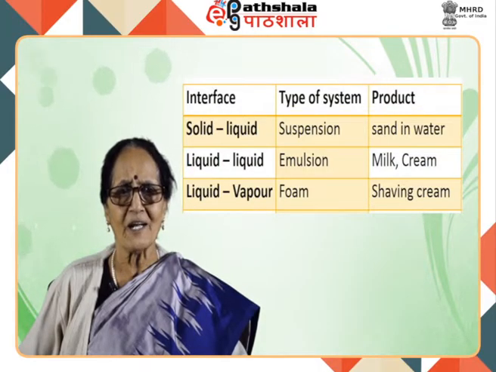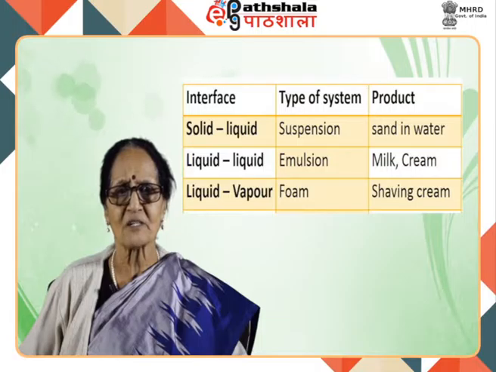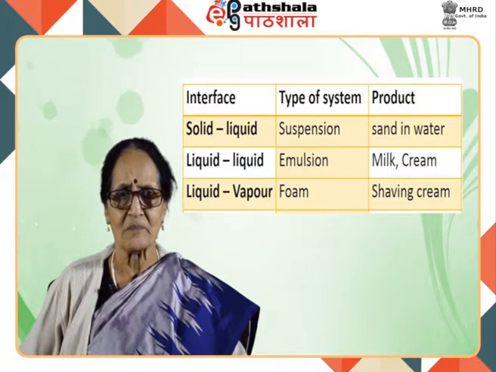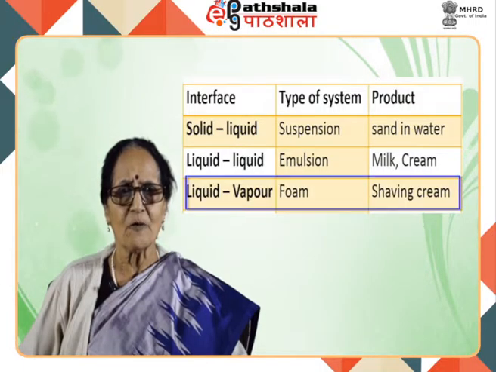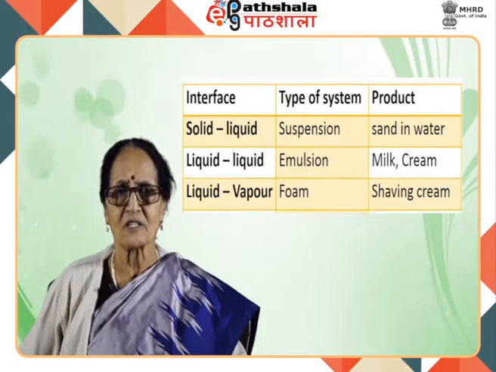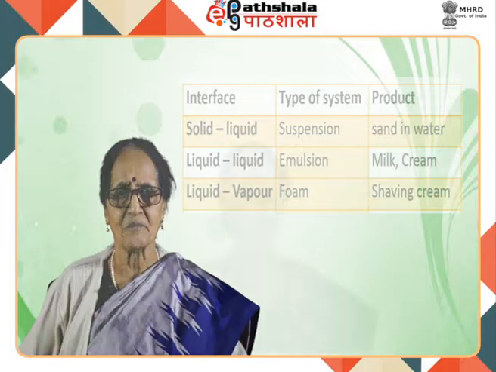Again, liquid and liquid, we have the type of system as emulsion, and the example is milk or cream. Liquid-vapor interface, the type of system involves a foam, and the example includes shaving cream.